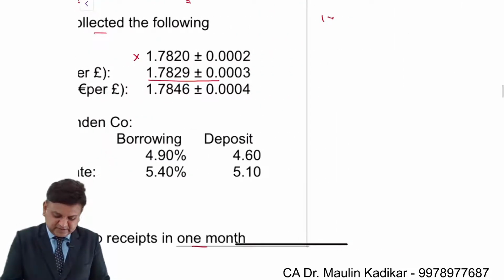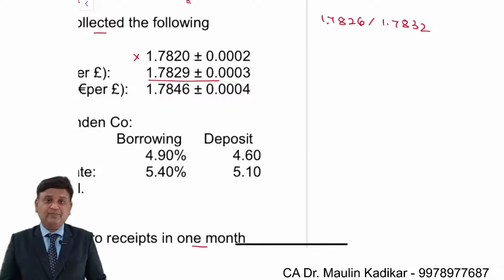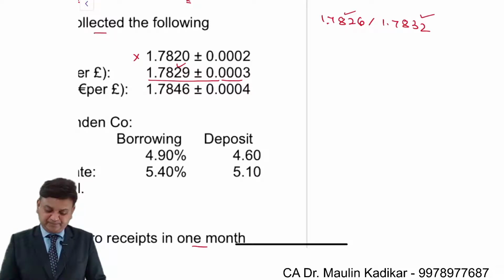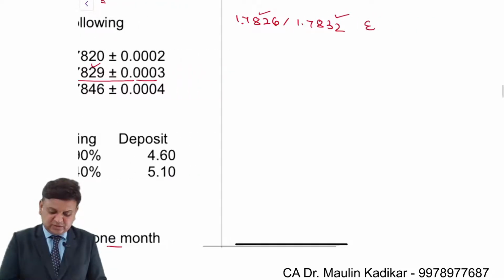The exchange rate given to us is 1.7826 / 1.7832, in a way that 0.0003 is added to one side and deducted from the other. When you add, it becomes the right hand side rate, and if you deduct, it becomes the left hand side rate. This is euro per pound.